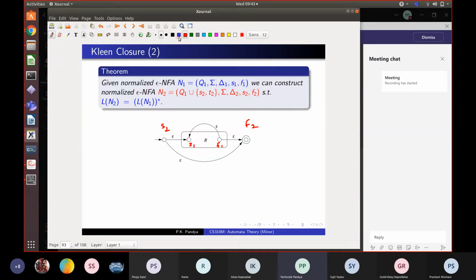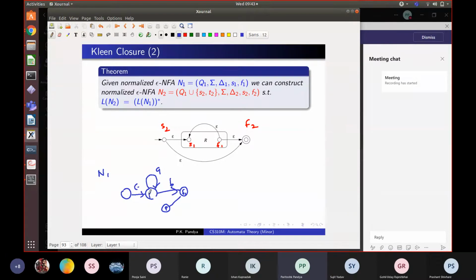Suppose your automaton N1 was the following. You have one start state, let us call this S1. Let me call this P and this Q. On A it remains here.